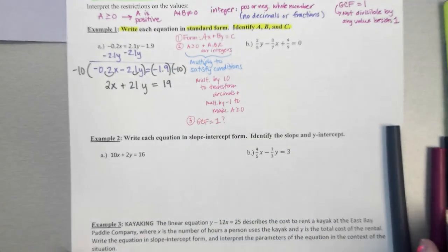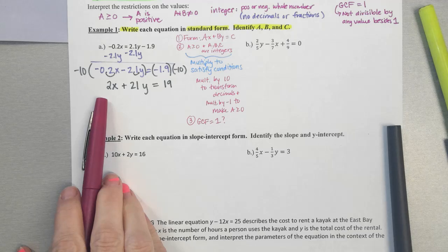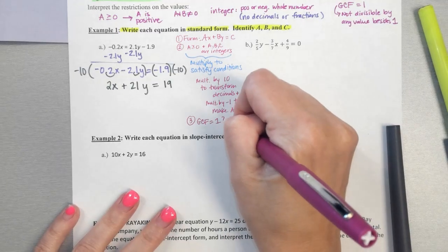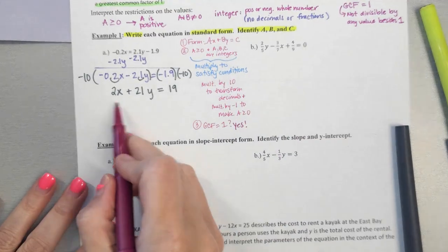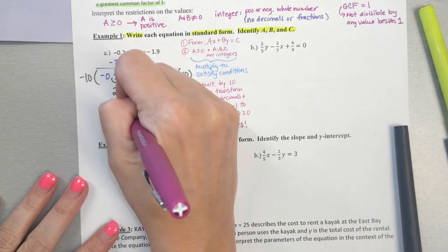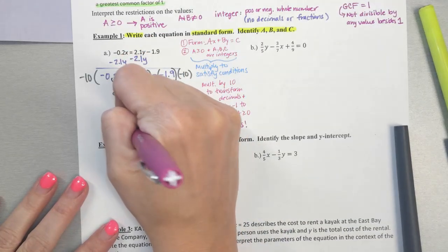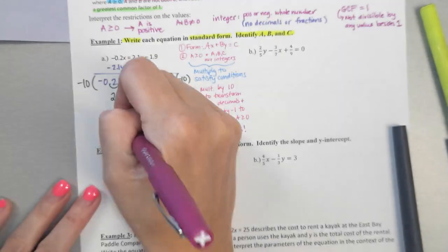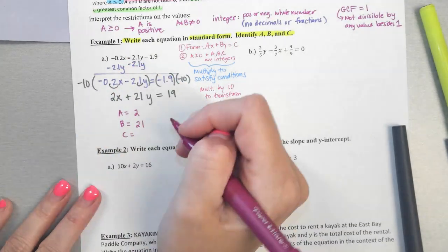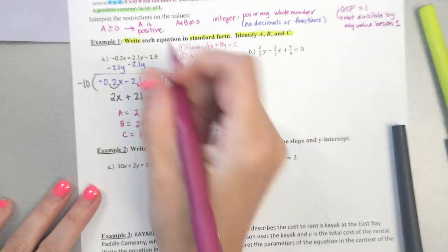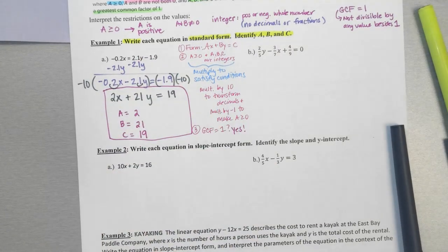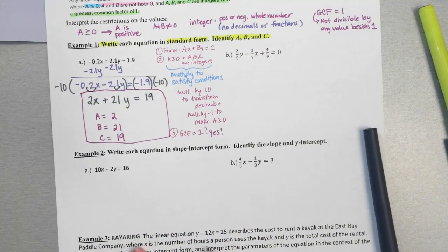Which just means, is there a number that goes into 2, 21, and 19? No. So then the answer is yes, this is going to be your final answer, along with identifying A, B, and C. So your A value is 2, your B value is 21, your C value is 19. And then you have that in standard form.